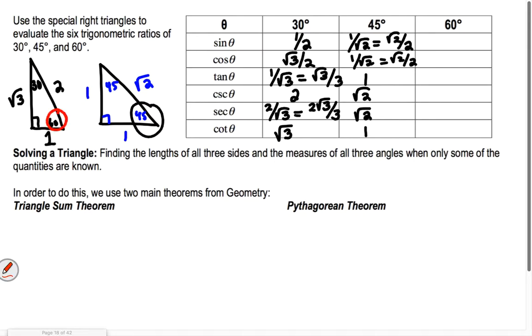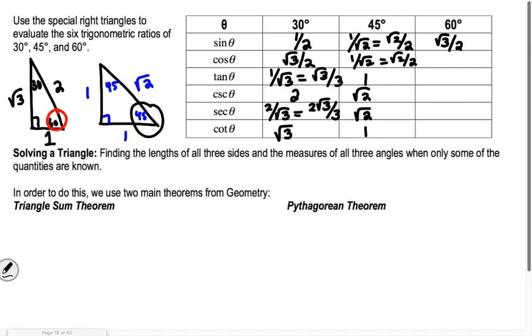So if I have 60 degrees, my opposite over hypotenuse is root 3 over 2. Okay, and you guys did a little thing with your tables that involved cosine and sine. Do you guys remember that cosine and sine have a relationship? Cosine of 30 degrees is the same as sine of 60.